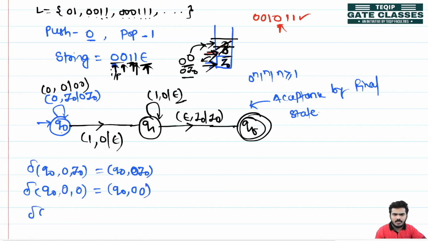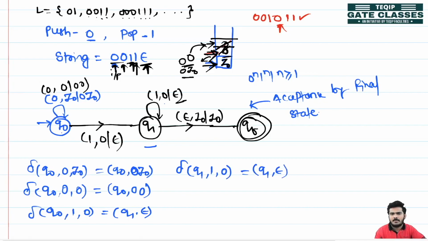Again, when we are in Q0 and we have seen 1 as input and top of the stack is 0, then what have we done? We have moved to the Q1 state and we have popped the stack. What did we do on the stack? We did pop. Next, suppose we are in Q1, and after seeing an input as 1 and top of the stack is 0, then also we have stayed in that state and we have done the pop operation.